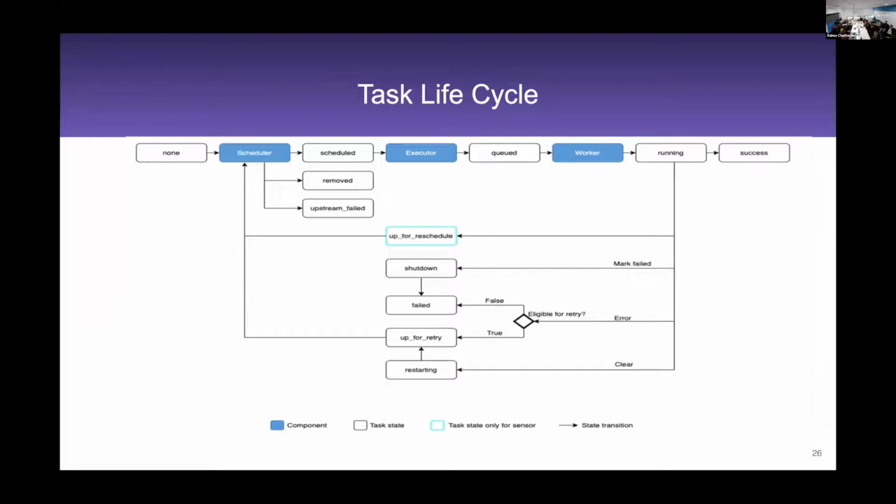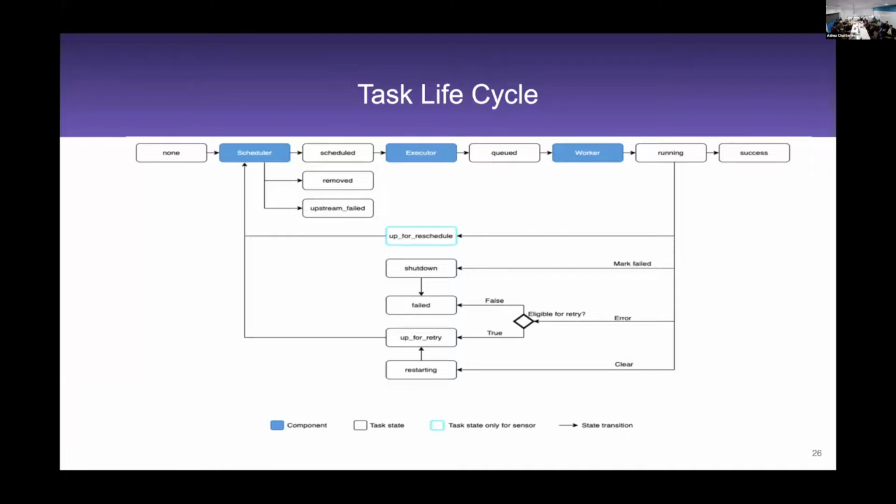Another can be removed: maybe the scheduler is deciding something and meanwhile you remove that task, so it does not make sense to move the task instance to execute. Another is upstream failed. Let's say some task depends on some other task. If the parent task fails, it makes sense to fail, although it depends on the author of the DAG, who can decide what they want to do.